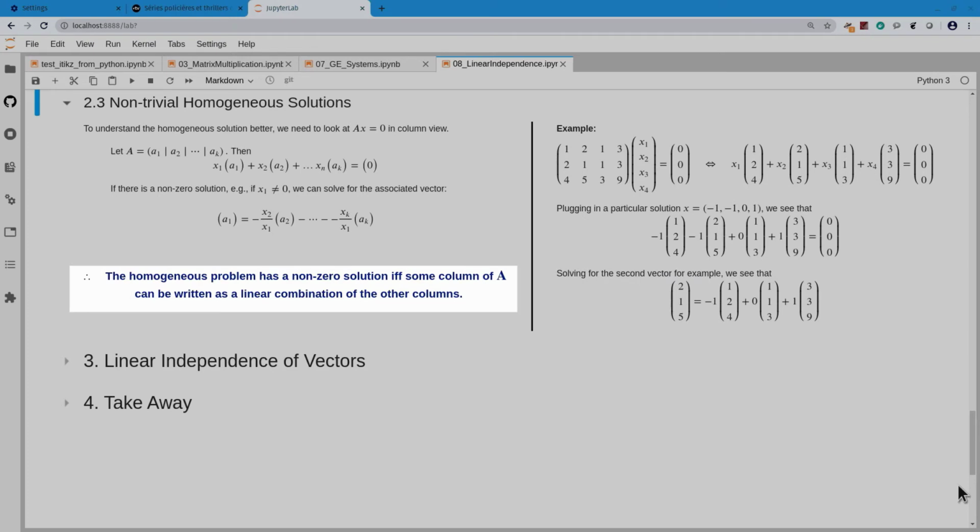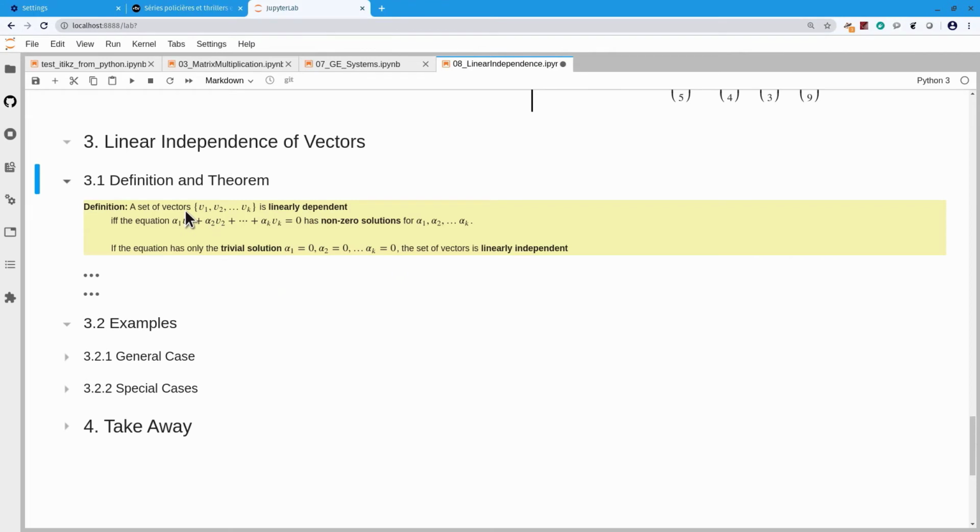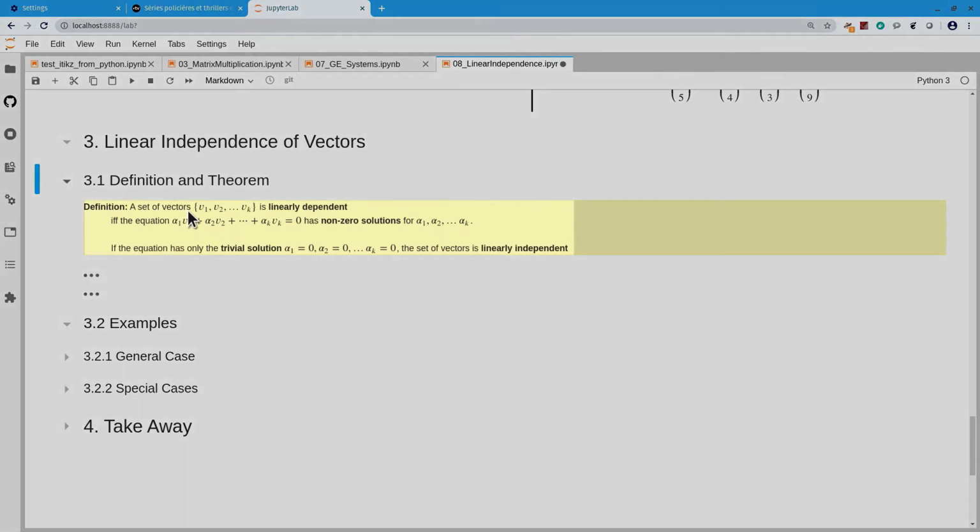So what we see then is that the homogeneous problem has a non-zero solution if and only if there's a column in my matrix A that can be rewritten as a linear combination of the other columns. And that is a big result, so big in fact that we'll make this a definition. So we'll start not with matrices but with vectors.